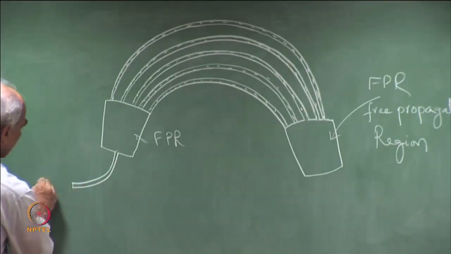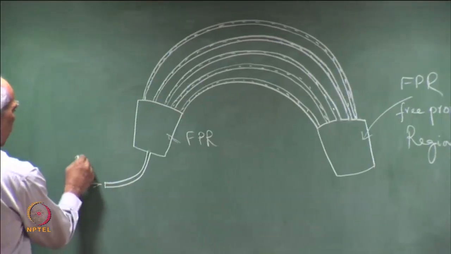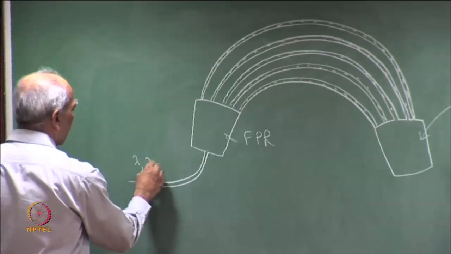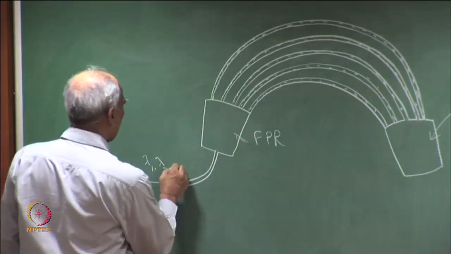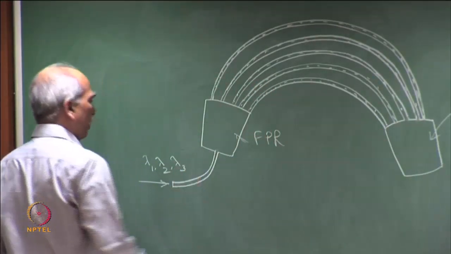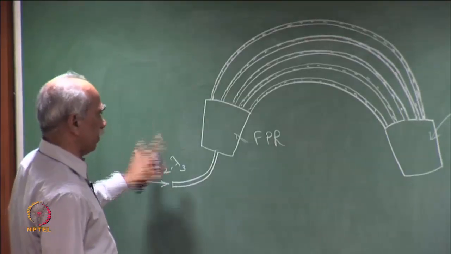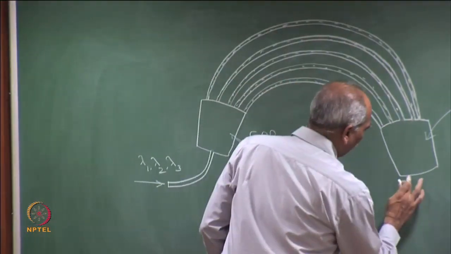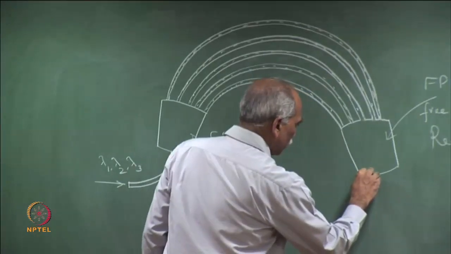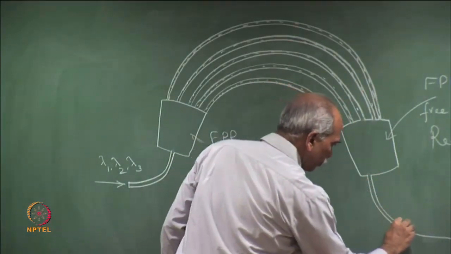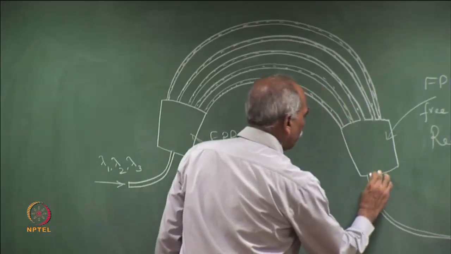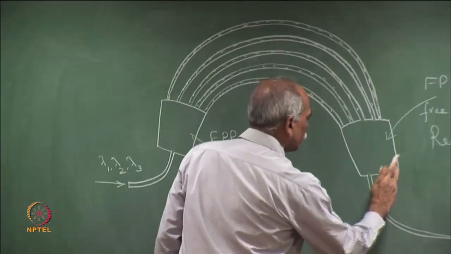Here is light entering, with all the wavelengths lambda 1, lambda 2, lambda 3. Let me take just 3 different wavelengths to illustrate, which are demultiplexed.